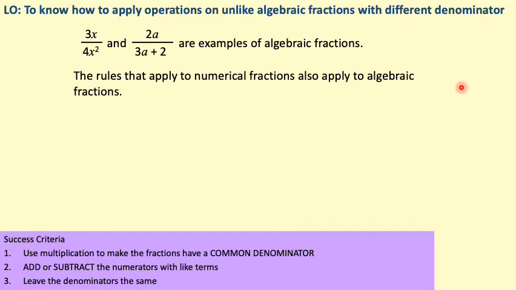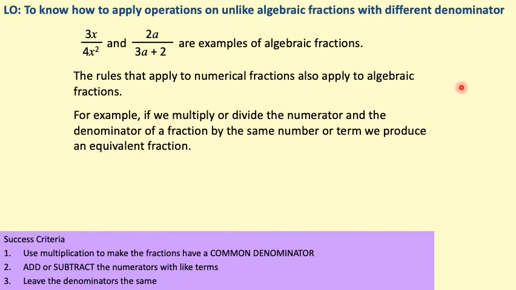So the rules that apply to numerical fractions, so just fractions with standard numbers, also apply to algebraic fractions. So for example, if we divide or multiply the numerator and the denominator of the fraction by the same number or term, we produce an equivalent fraction.